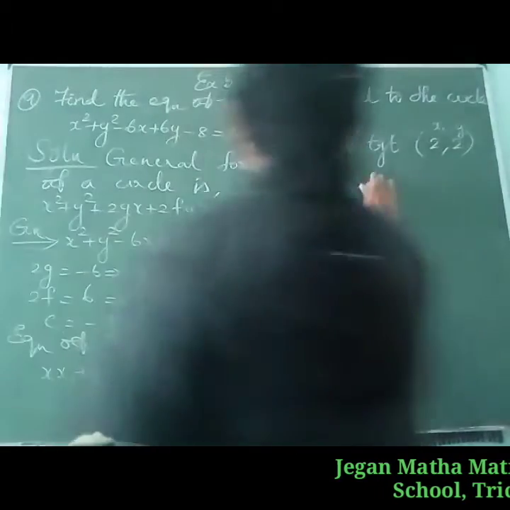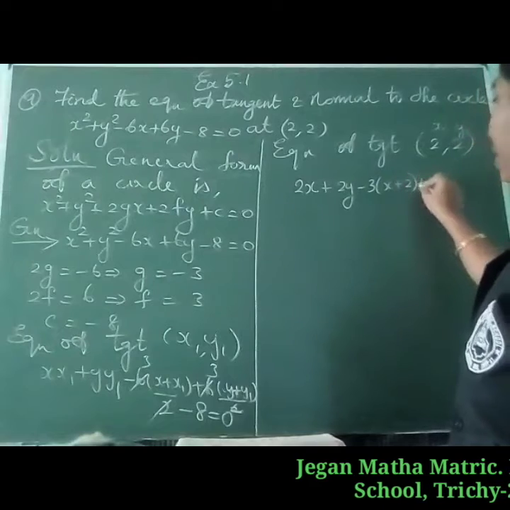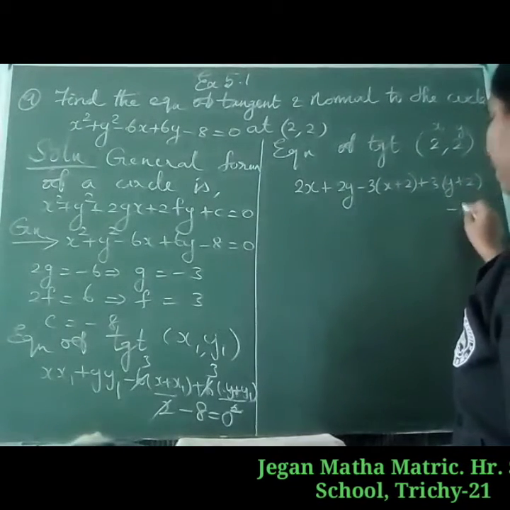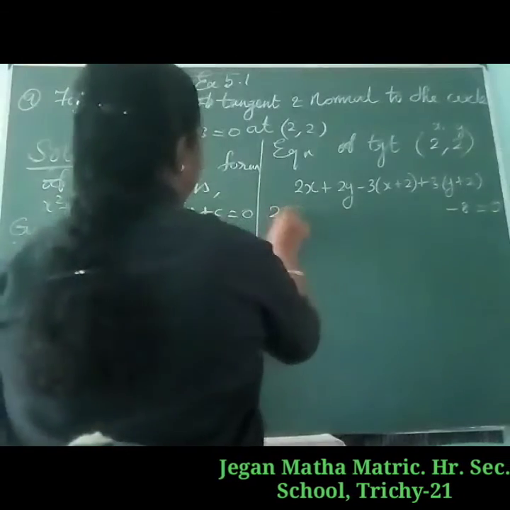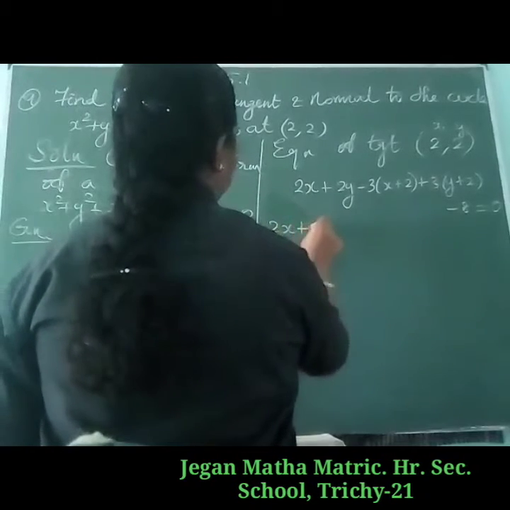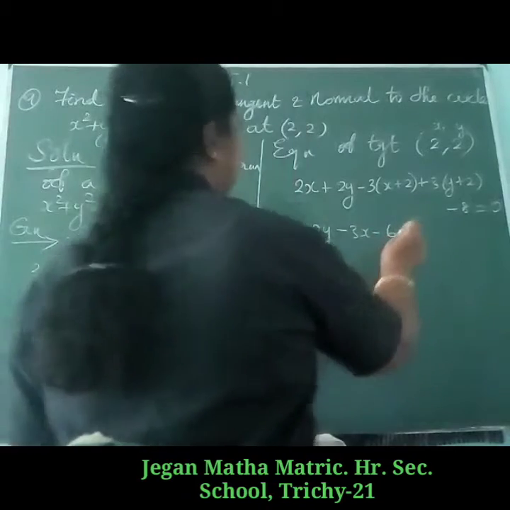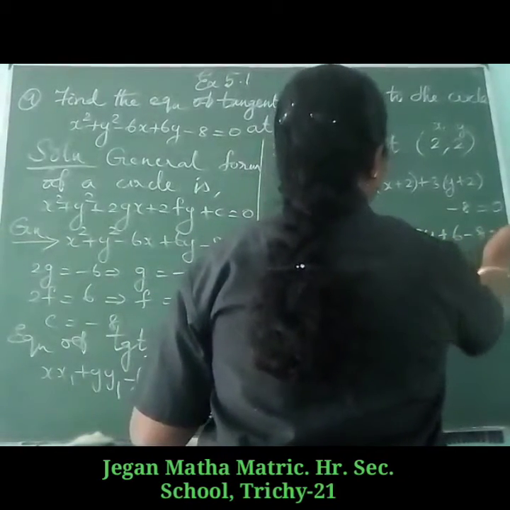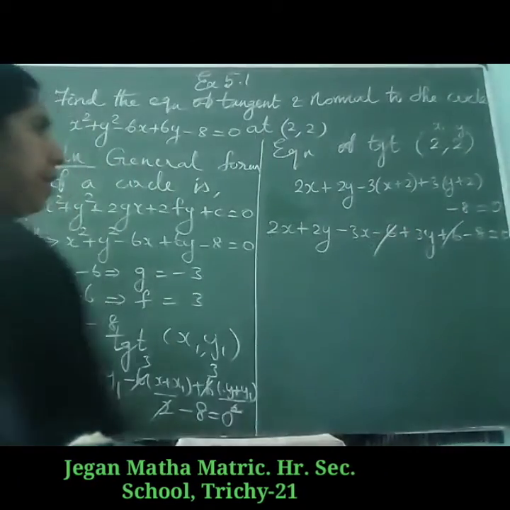So minus 3 into (x plus 2) plus 3 into (y plus 2) minus 8 equal to 0. That is 2x plus 2y minus 3x minus 6 plus 3y plus 6 minus 8 equal to 0. Minus 6 plus 6 you can cancel.